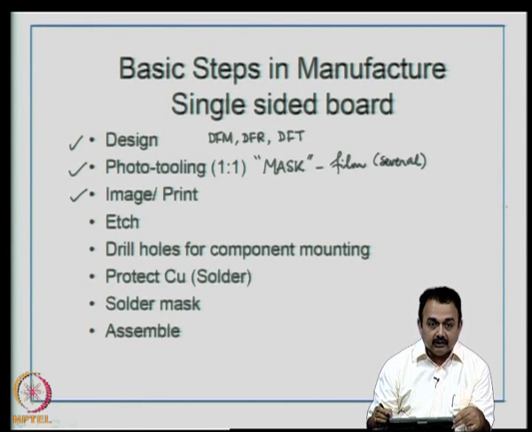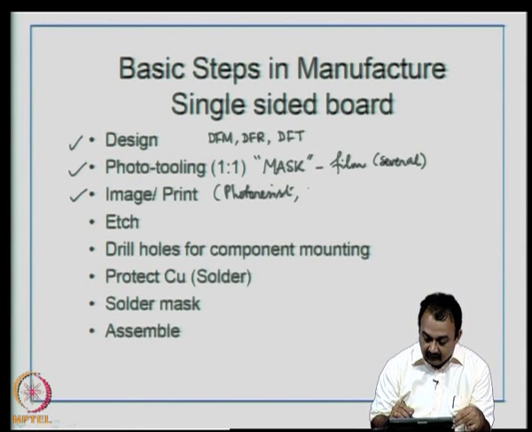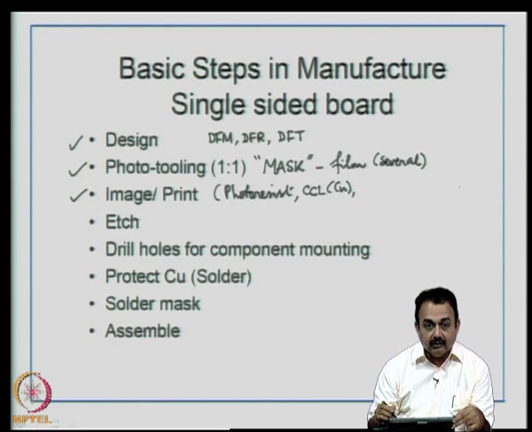So, we go through a process called imaging or printing. So, here we are going to use materials like a photoresist. Obviously, the copper-clad laminate will be there, where you have the copper on the surface, and then we are going to use other chemicals and materials to make sure that the image is transferred onto the copper surface.